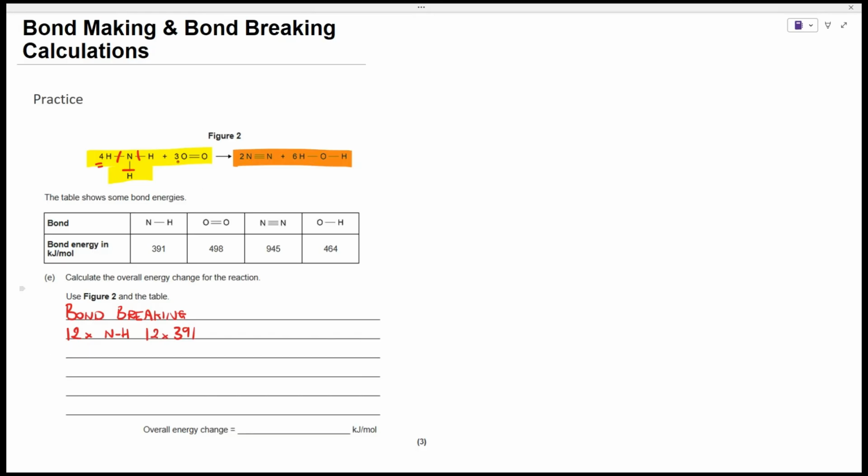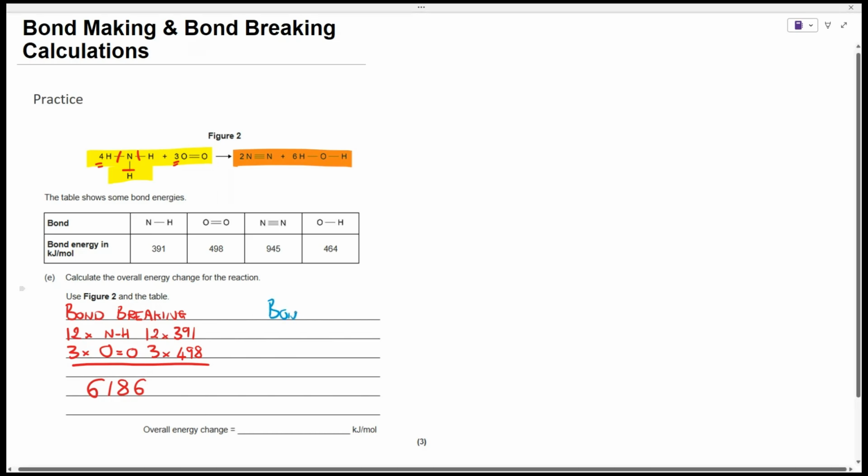I've then got 3 oxygen molecules, O double bond O. So 3 O double bond O's is going to come in at 498. When I work out all of those added together, I should get 6186.